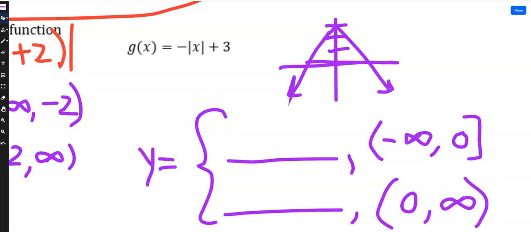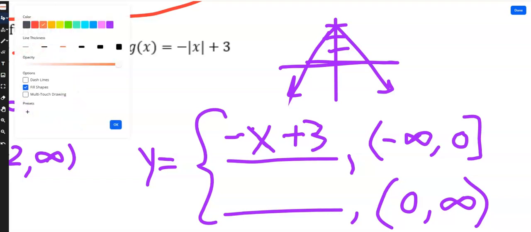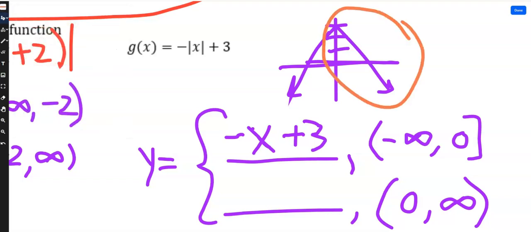Let's see here. What else? So one of these equations looks like the original one, right? -x plus 3. The -x plus 3, that's the one on the right here, because it's got a slope of -1 and a y-intercept of 3.